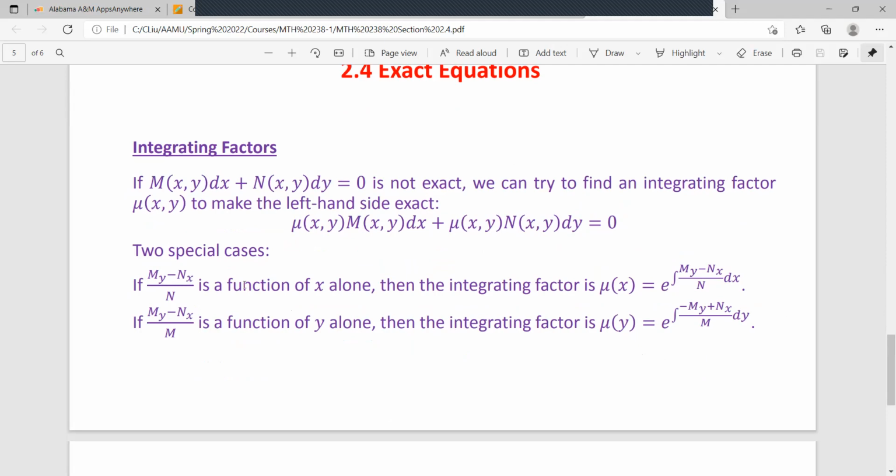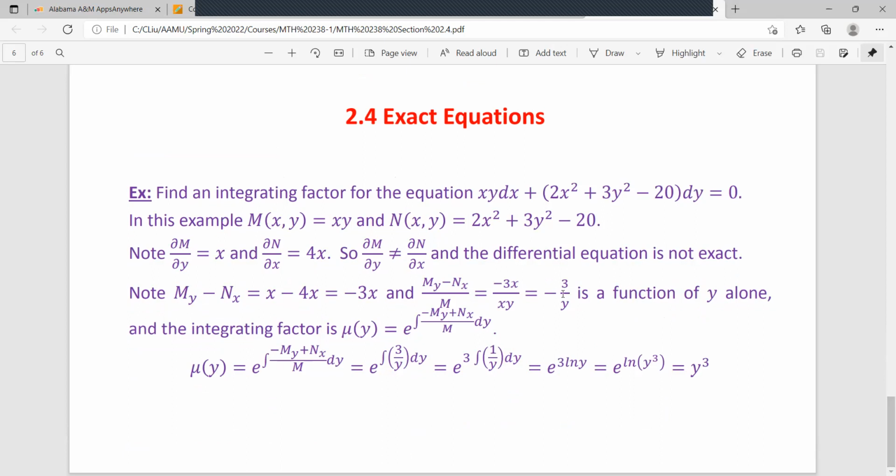So we need to divide partial M partial y minus partial M partial x by N, or partial M partial y minus partial M partial x divided by M, in which case we can fit in. When you do that, you're going to find actually the second case.